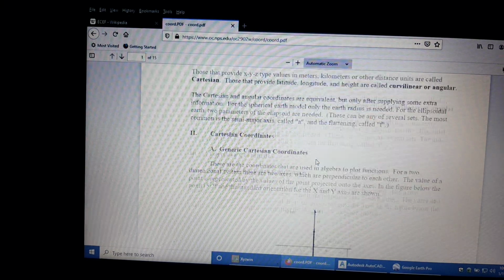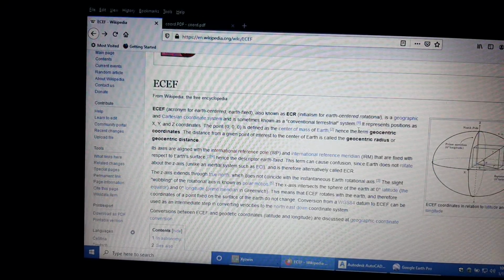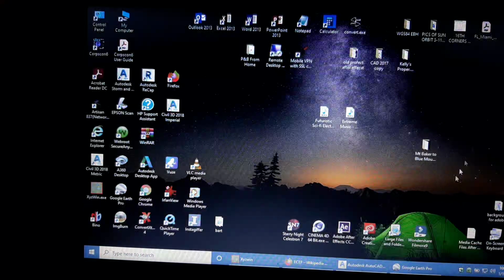It's pretty much X, Y, Z coordinates. That's a diagram of it. Origin point 0, 0, 0. Center of mass of the Earth. So that's how it works.